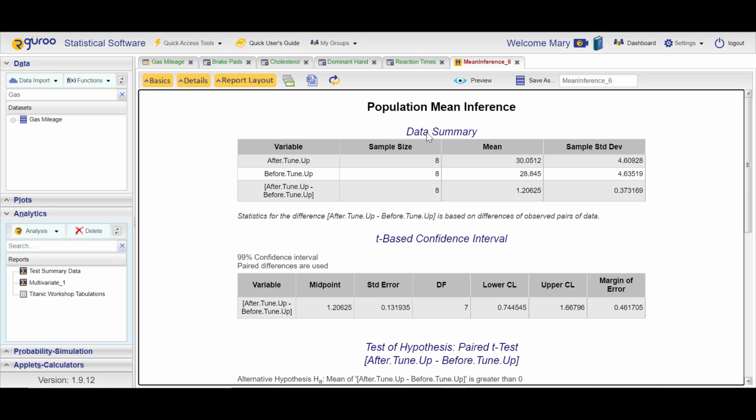All right, so I am writing this down. You guys write it down too. What's cool is you can see we've got the after tune-up, before tune-up, and then the difference here. Right? So I'm going to go ahead and write the confidence interval for later.